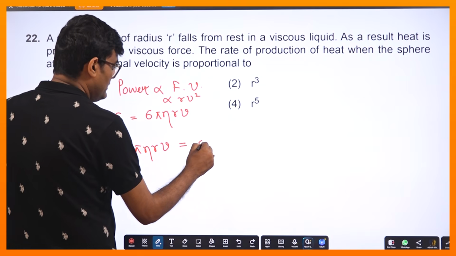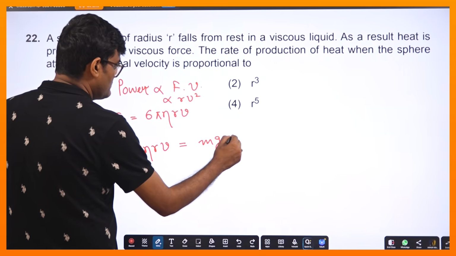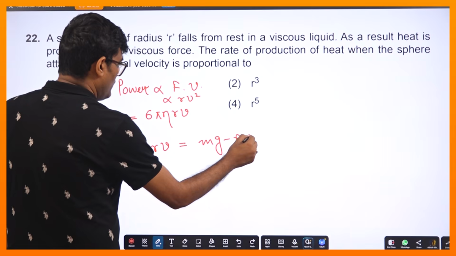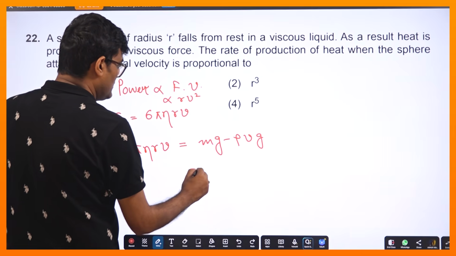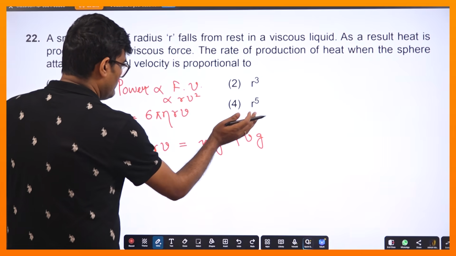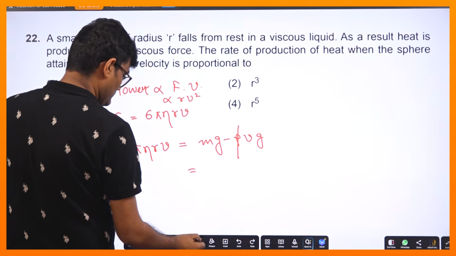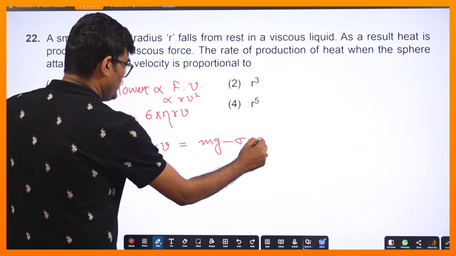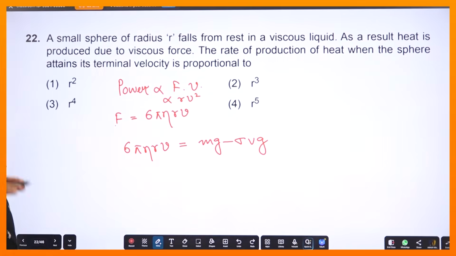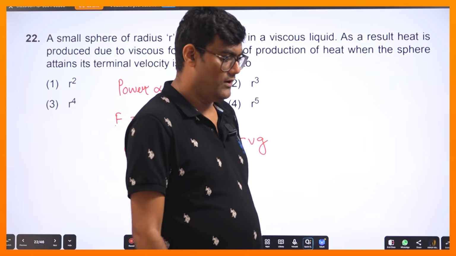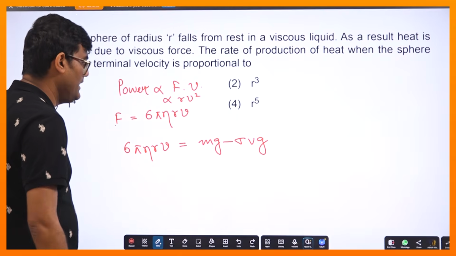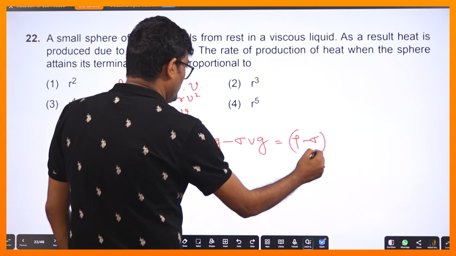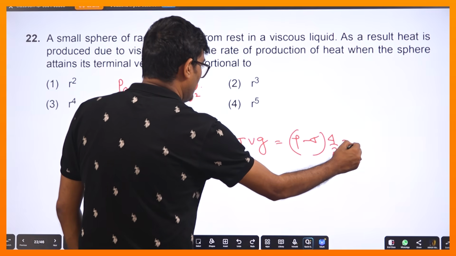Weight means mg minus buoyant force, sigma vg. I do not remember the formula actually, it is a very lengthy formula, but we can derive it, right? It's hardly a matter of some time. So it is rho minus sigma into vg. V is 4/3 pi r cube into g.